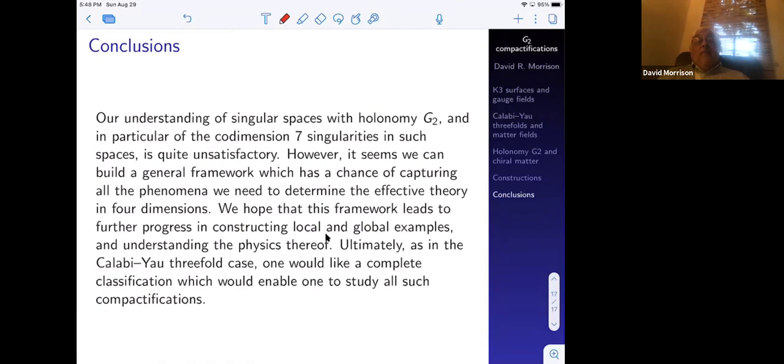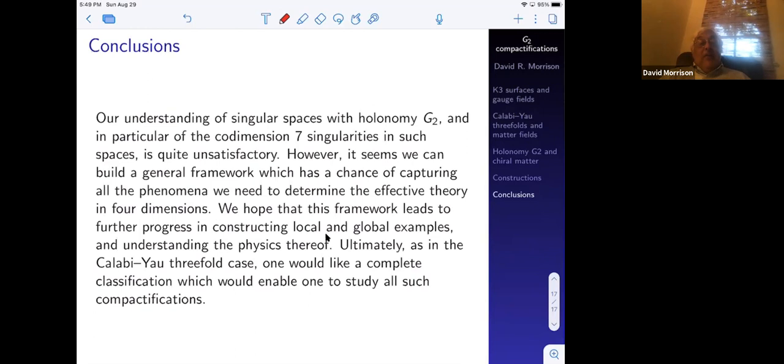So our understanding of singular spaces with holonomy G2, and in particular of the codimension 7 singularities, is quite unsatisfactory. But there's a general framework which we can build, which has a chance of capturing all the phenomena that we need to determine the effective theory in 4 dimensions. And the hope is that this framework will lead to further progress in constructing local and global examples and understanding the physics of those examples.